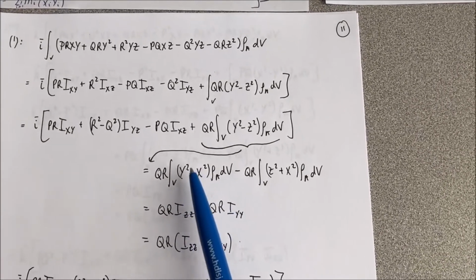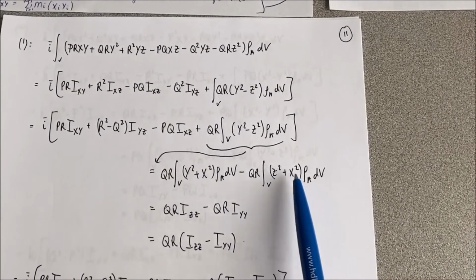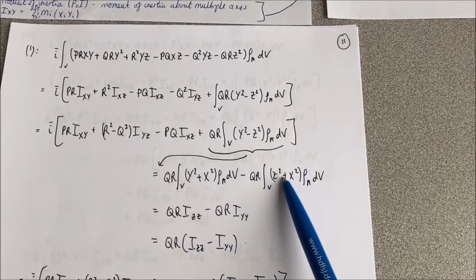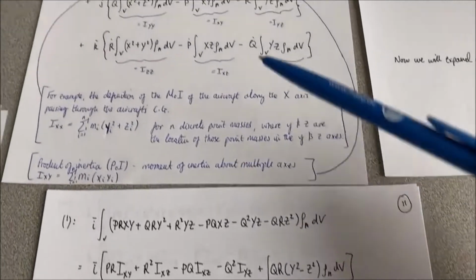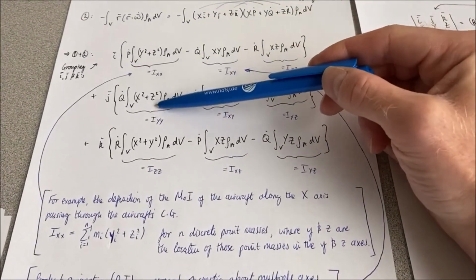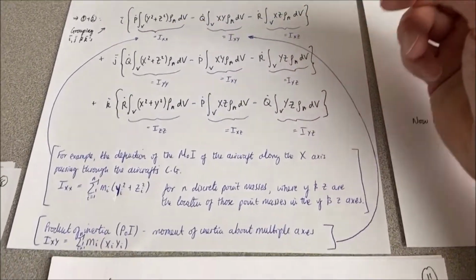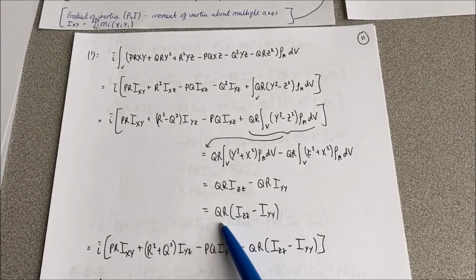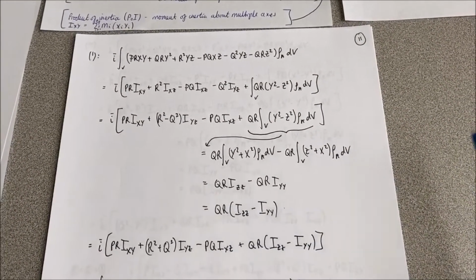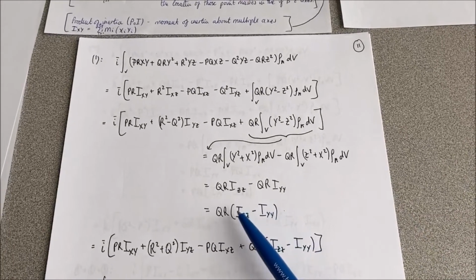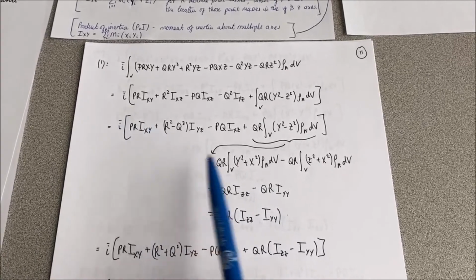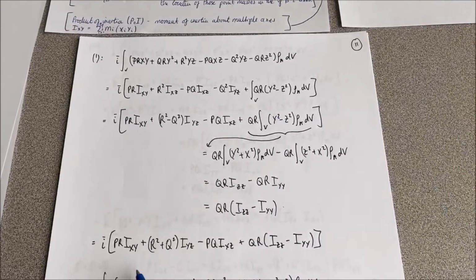We end up with two things which we've seen before: these integrals over v of y squared plus x squared and integral over v of z squared plus x squared resemble these things. So these are more moments of inertia. What we actually get here is qr multiplied by the difference between these two moments of inertia, and then we can rewrite this I bar equation just plugging this back into here, which is what I've done here.